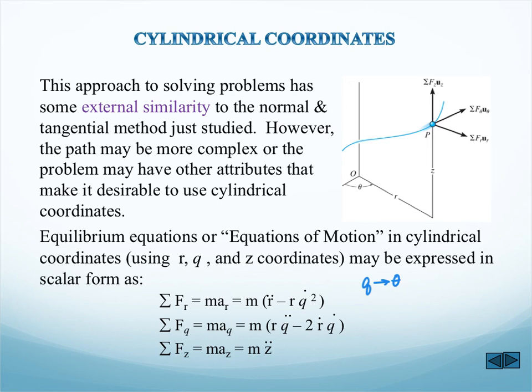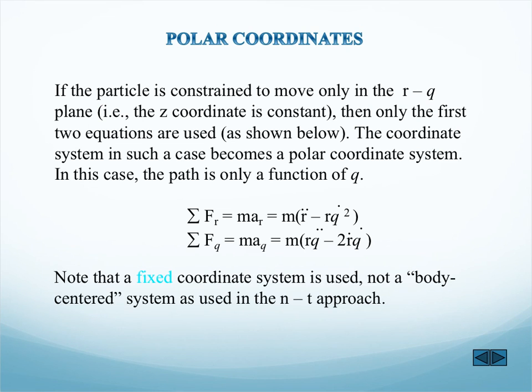And then we have what we call the equations of motion that can then help us get more information about the problem. And I think that is it. Well, polar coordinates is just not using the z. All right, so that's it for that part of chapter 13.